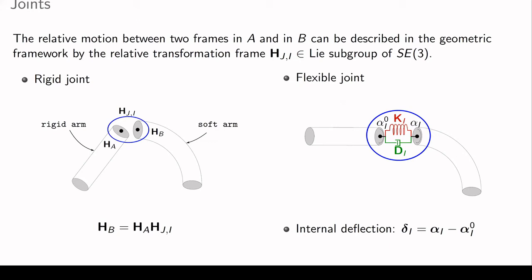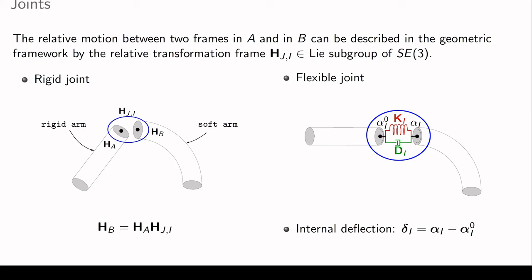The relative motion between these two frames can be described in the geometric screw theory framework by the matrix H_J1, which is the relative transformation frame and belongs to a Lie subgroup of SE3. So this relative transformation frame for the articulated part plays the same role that the homogeneous transformation matrix plays for the description of rigid and soft bodies.